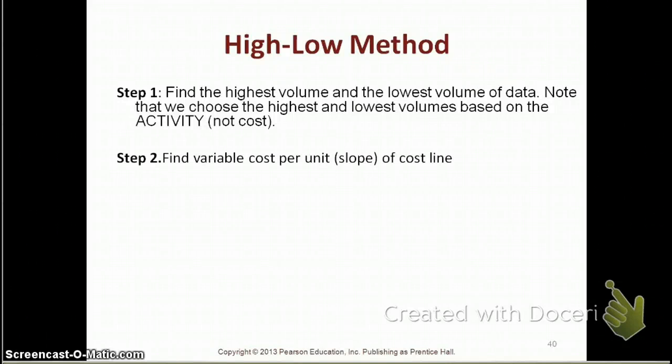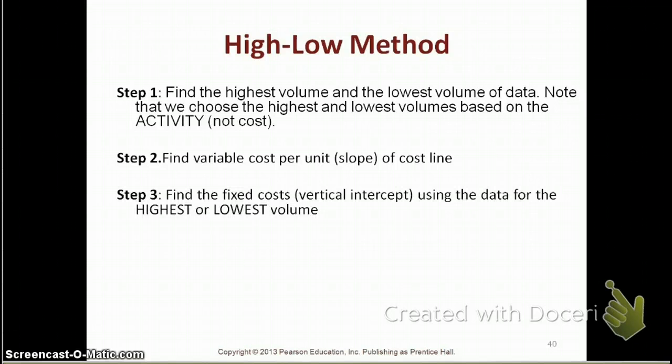Now that you have your highest volume, lowest volume, and the associated cost with it, you can calculate the slope of the cost line. The slope, if you remember, is change in cost divided by change in volume. The next step is you're going to use your cost equation to find the fixed costs, which is your vertical intercept.